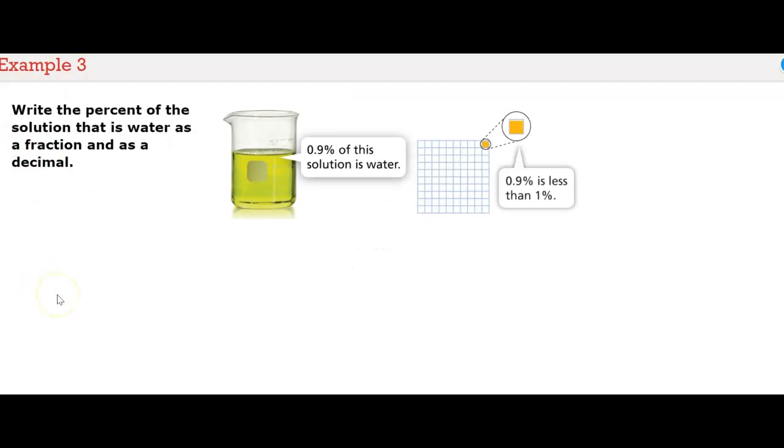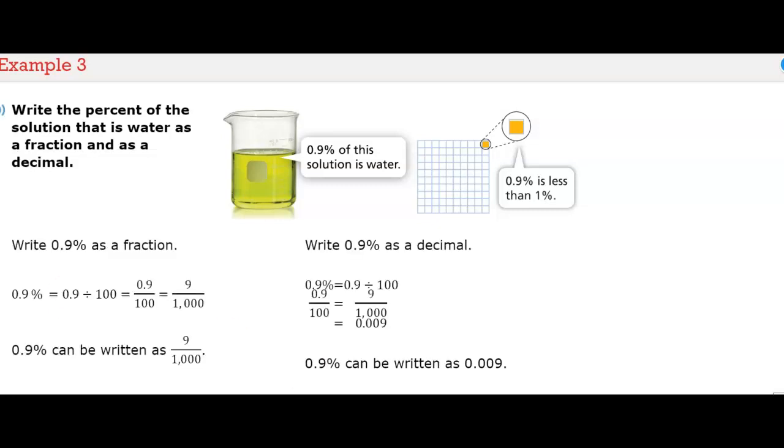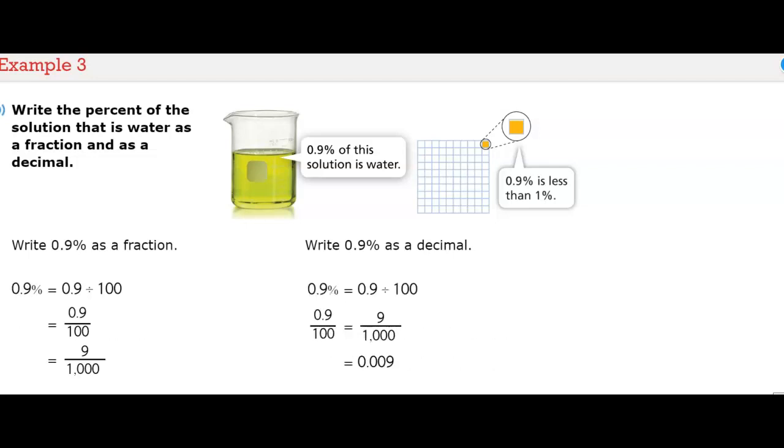Write the percent of the solution that is water as a fraction and as a decimal. Okay, so we have the 9/10% of this solution is water, and we have the 9/10% is less than 1. So if you look at that square, it's almost a whole square, but not quite.